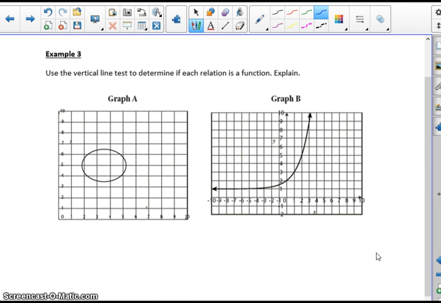Another way that you can determine if a relationship is a function is by using the vertical line test.